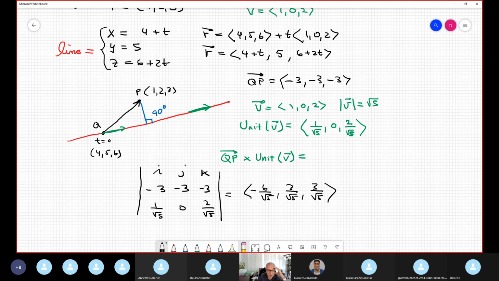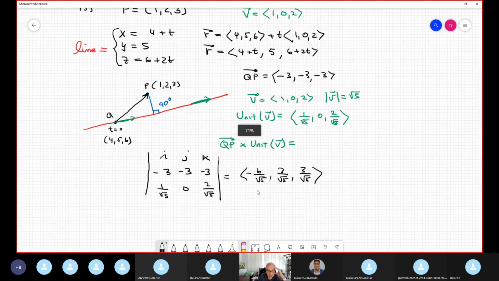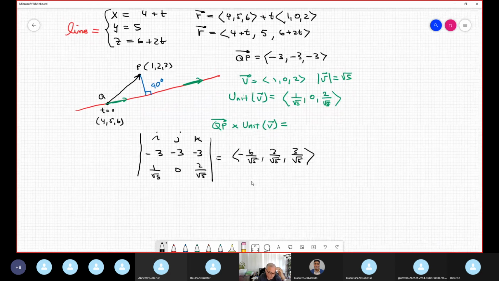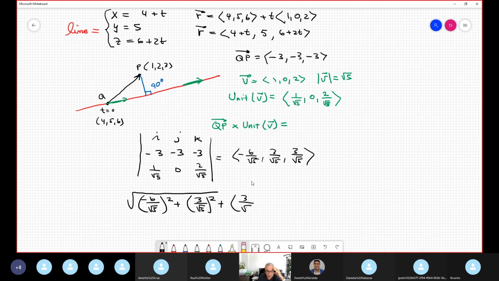And what's the answer? Because the answer I try to find is the distance, you find the magnitude of this. So the magnitude is the square root of (-6 over radical 5) squared plus (3 over radical 5) squared plus (3 over radical 5) squared.